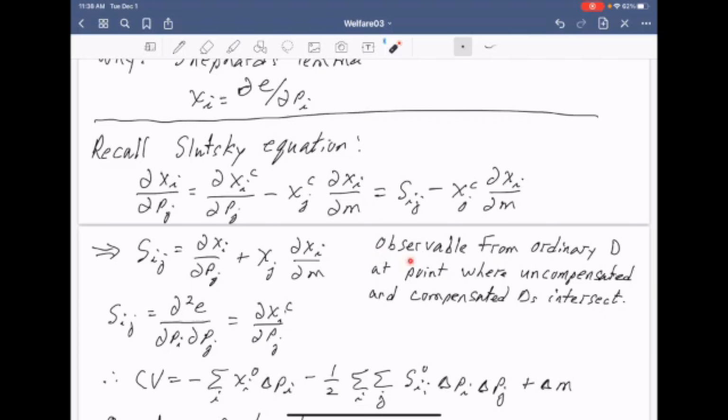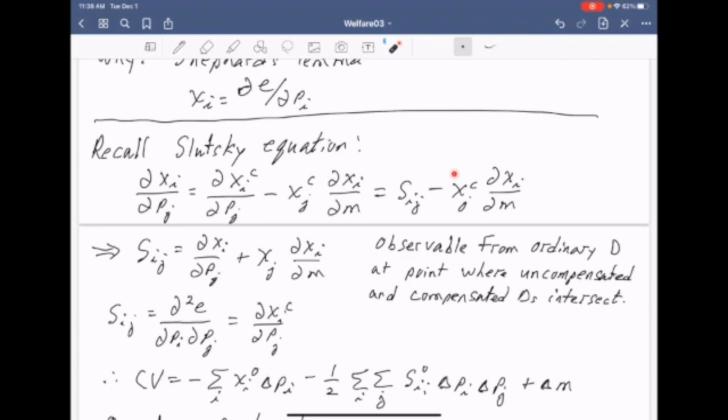Notice that this is observable from the ordinary demand at the point where the uncompensated and compensated demands intersect. So what this is saying is that this is the substitution effect, and we can observe that substitution effect through these equations. We can actually estimate it, but what we do is assume that at the point where the Hicksian and Marshallian demand functions intersect, that's where we find this xj.